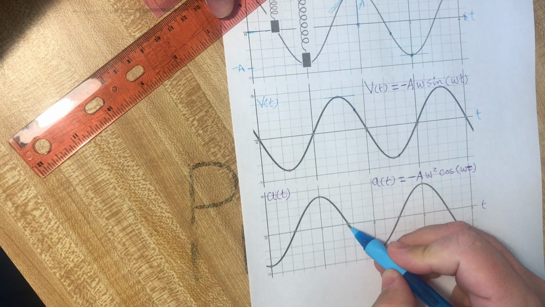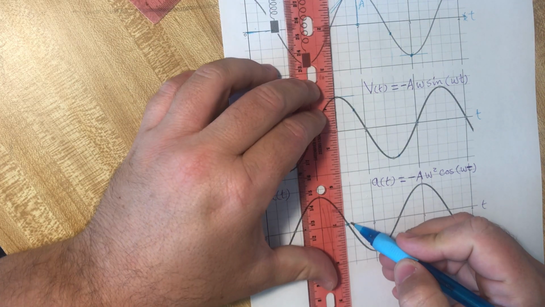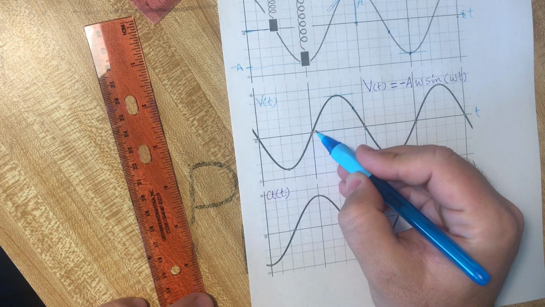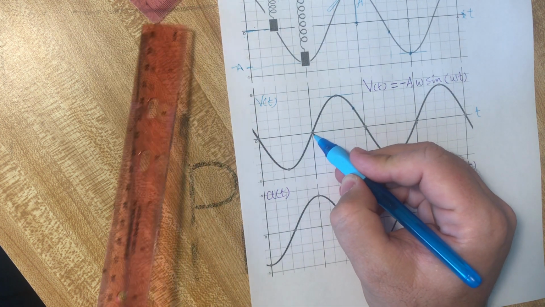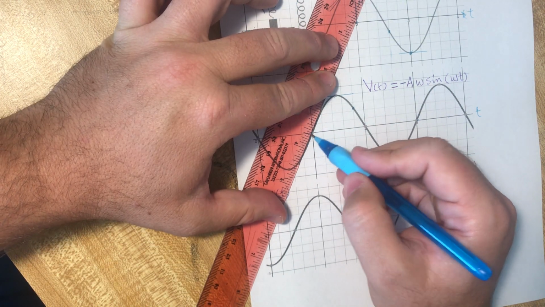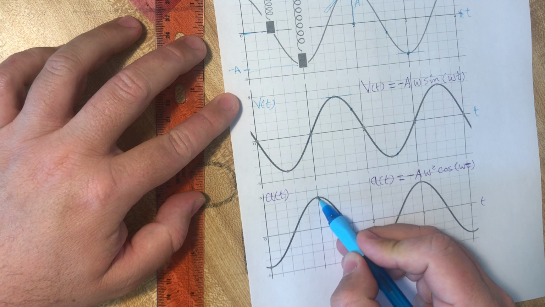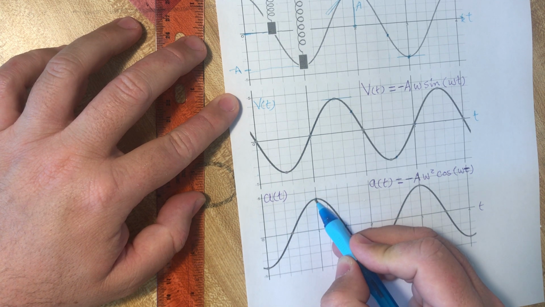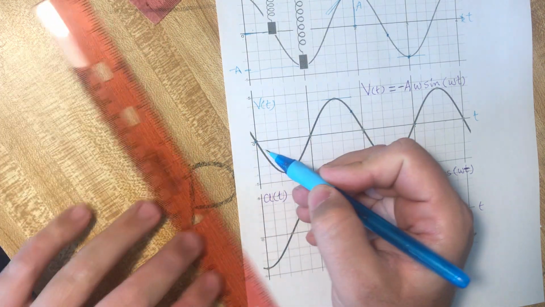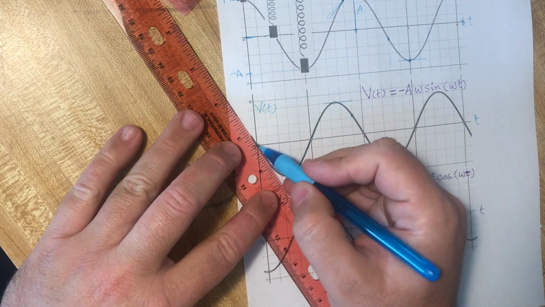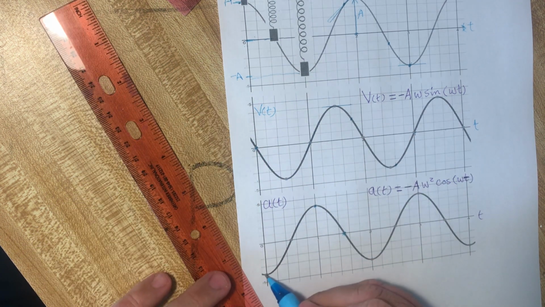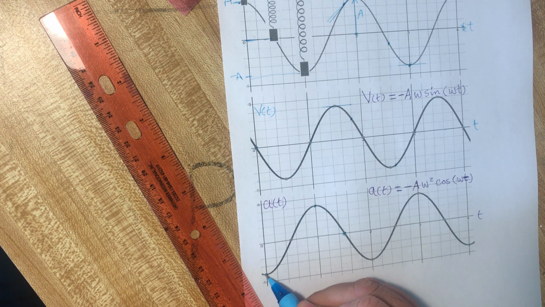Look at the corresponding acceleration here. It is 0 acceleration. Look here, the velocity is 0, but the slope of the velocity function is positive. Look at the acceleration here. The acceleration is positive. At t equal to 0, the velocity is 0, but the slope is negative. Look at the acceleration here. The acceleration is negative.